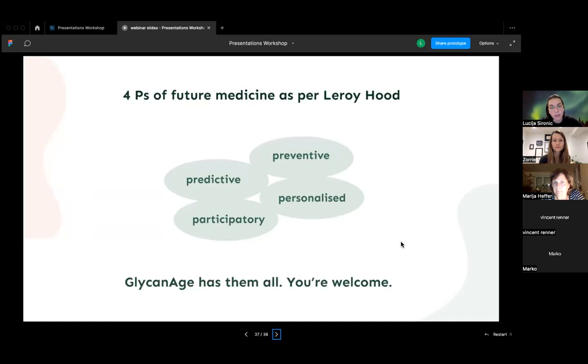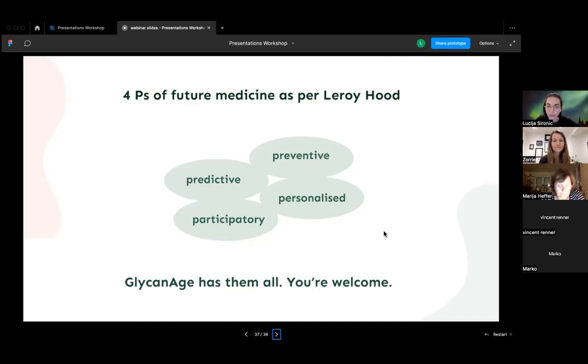And finally, Leroy Hood, who's a really big person in the biotech industry, made this concept, I think more than 20 years ago now, defined as 4 Ps of future medicine, saying that future medicine should be preventive, predictive, personalized, and participatory.